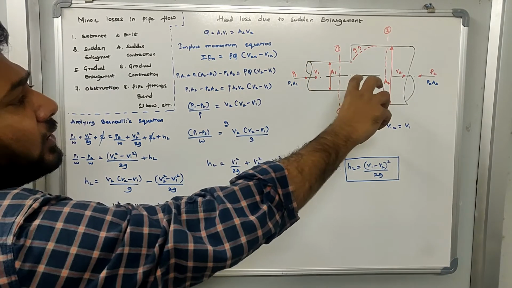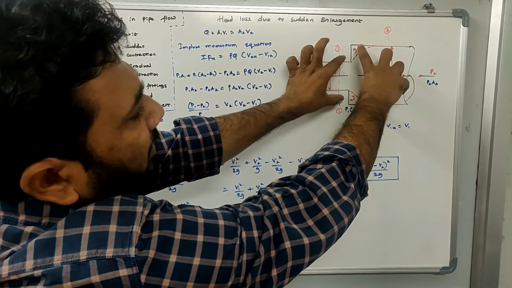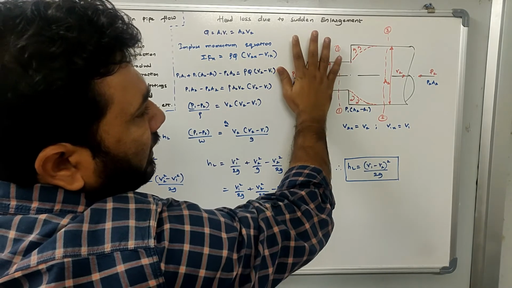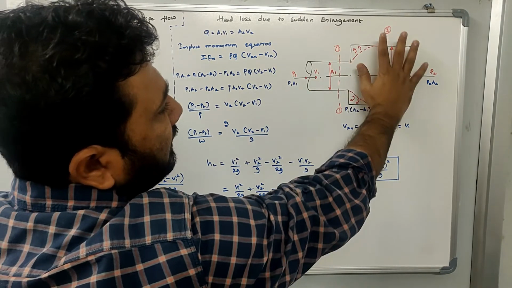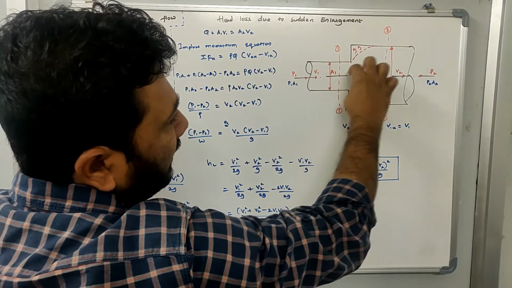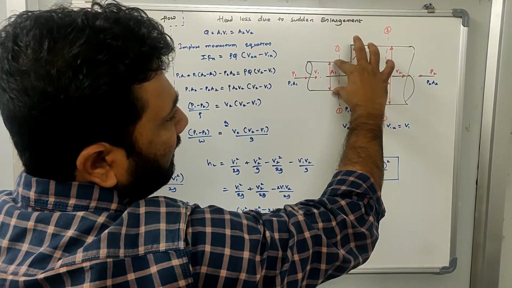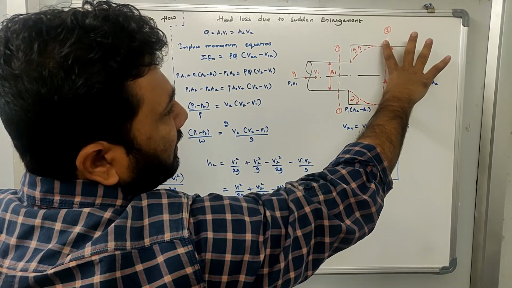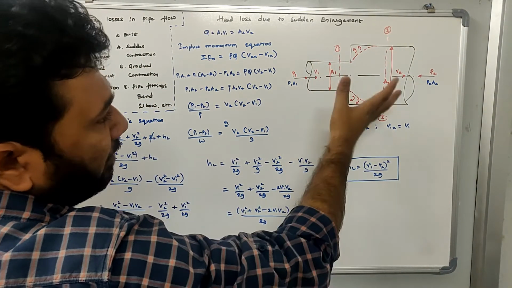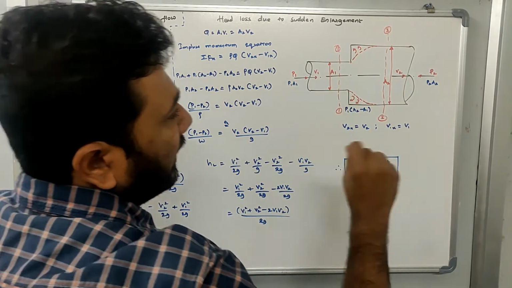When you connect a smaller diameter pipe with a larger diameter pipe, the energy in this pipe and the energy that gets reduced over here will be different. Because of the sudden expansion of the pipe, earlier it was this dimension, suddenly the dimension increases. So let us evaluate what changes might happen when a sudden enlargement takes place.